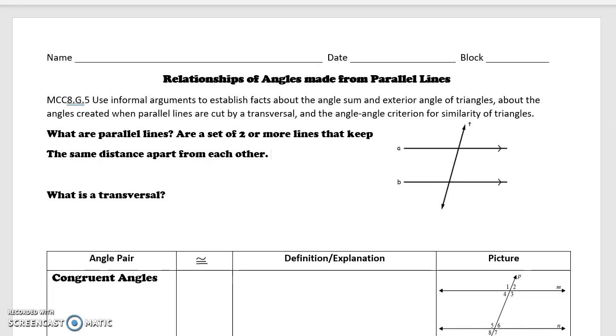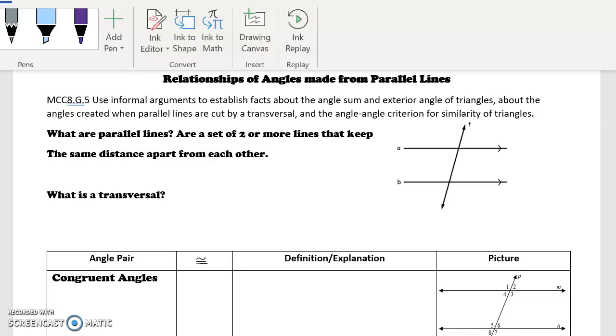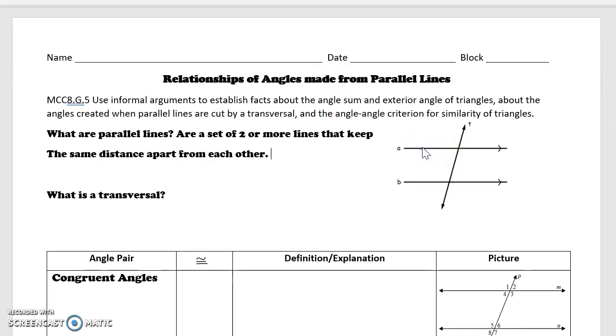So let's take, for example, go up here. If I'm looking at this and I picked a point on line A, this is the point I pick on line A. If I come down to the same point on line B, these points will be the same distance apart. If I go here to here, they're the same distance apart.